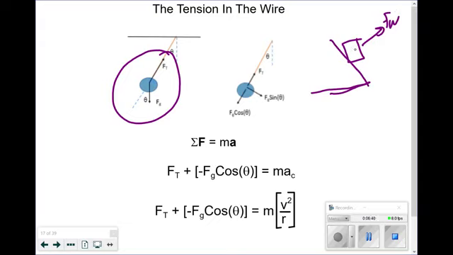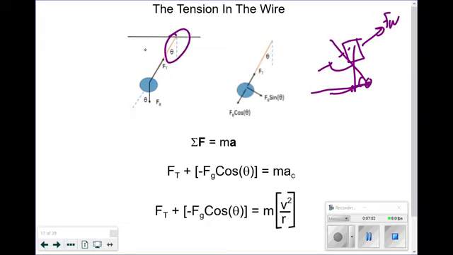The angle between gravity and my axis with the normal force is equal to the angle at the base of the incline. The same thing is also true here, where the angle between the axis along the tension force and gravity is the angle that the wire makes with the y-axis. So the angle here and here are in fact the same.